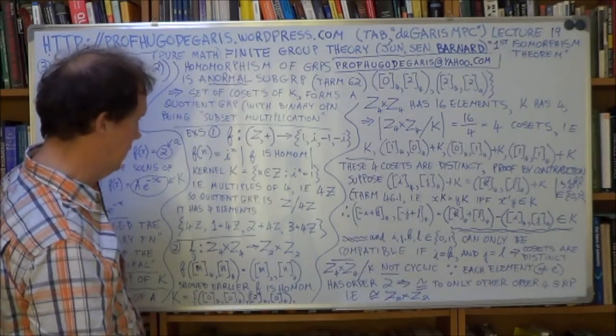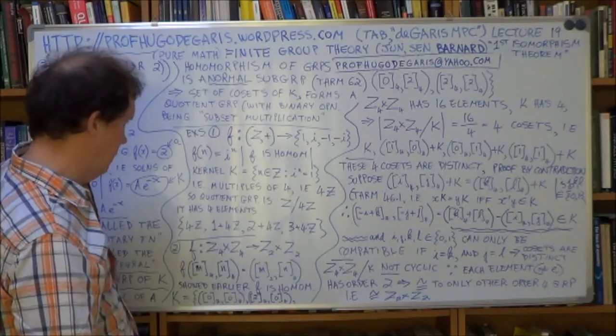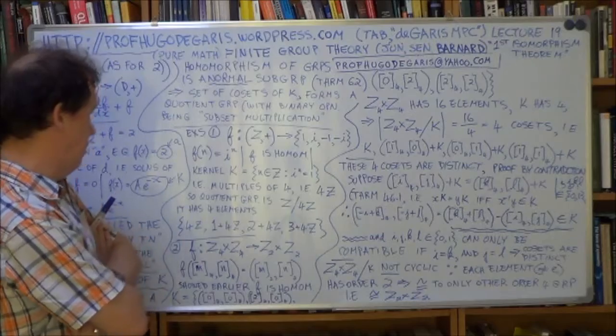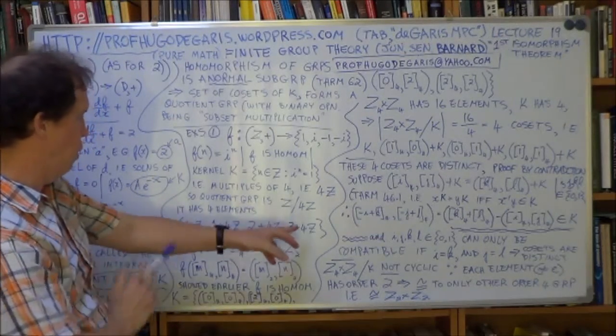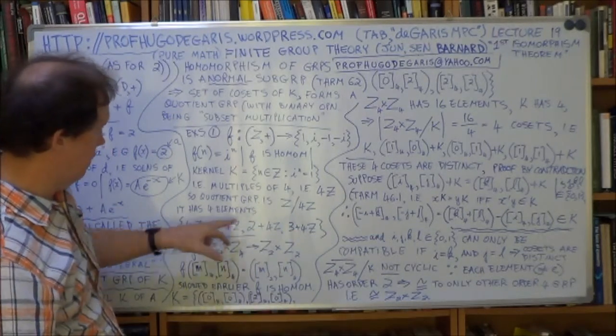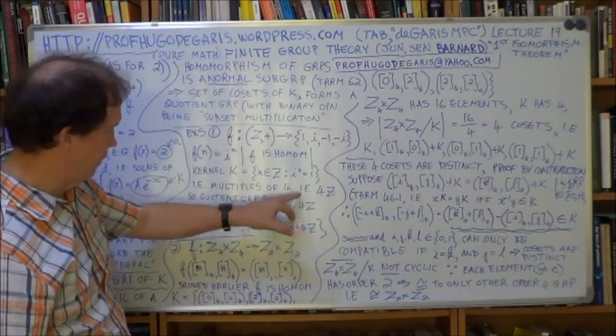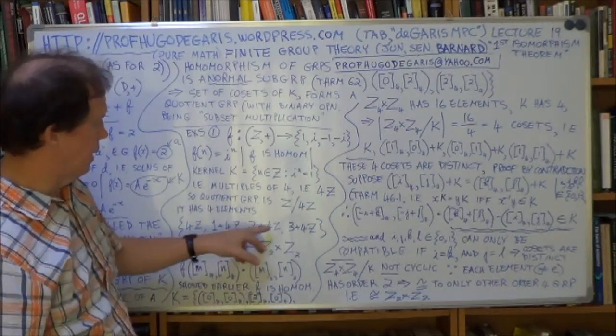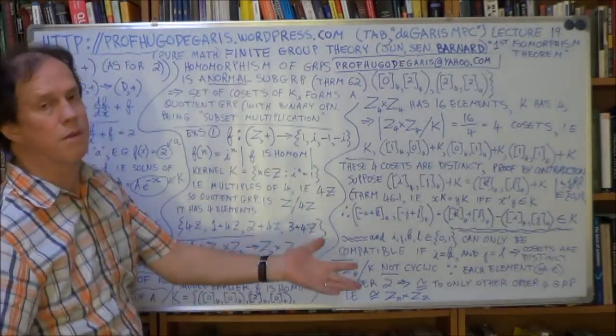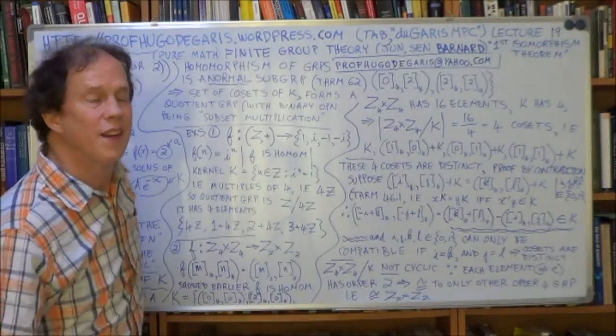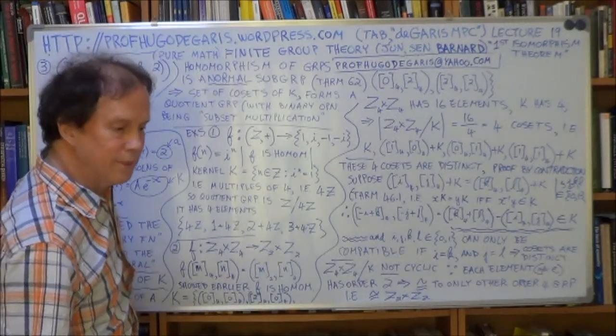And it will have four elements. And these elements are cosets, right? That's what a quotient group is. It's a set of cosets.